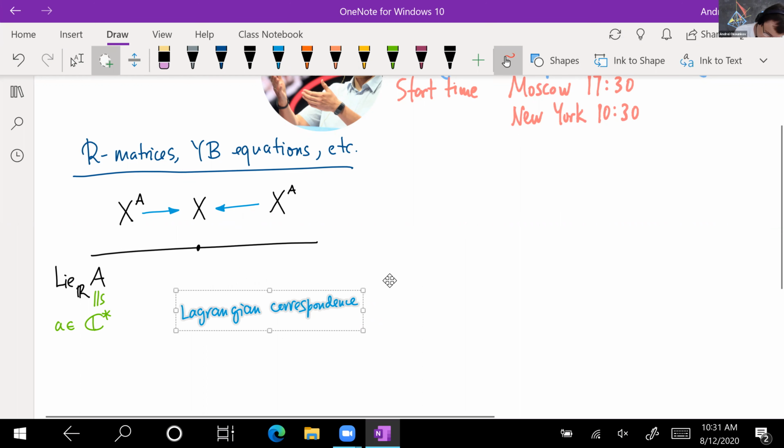So we want sections of S on X. This is the target. And in the source, we take S_A.